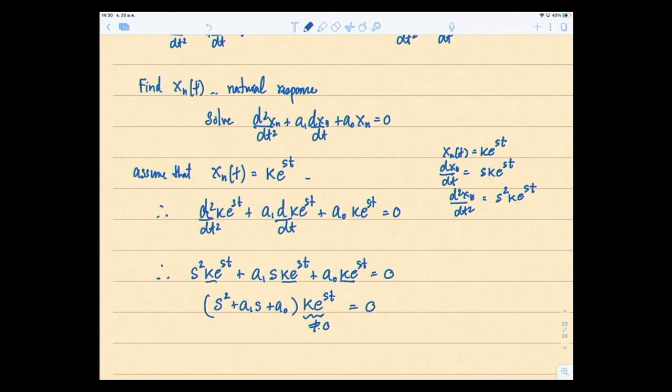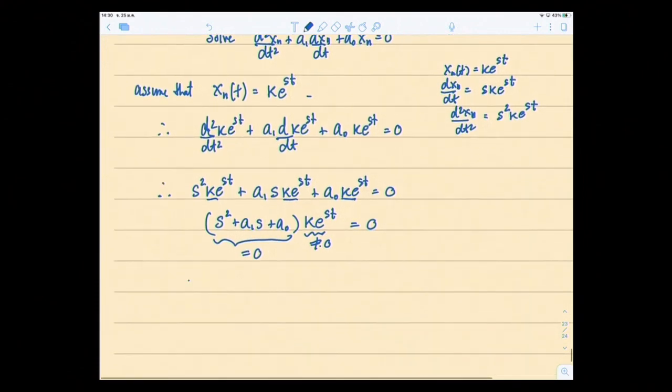So therefore, the only thing that can be 0 is the thing in the bracket. So this has to be equal to 0. So we would have s squared plus a1 s plus a naught must be equal to 0.